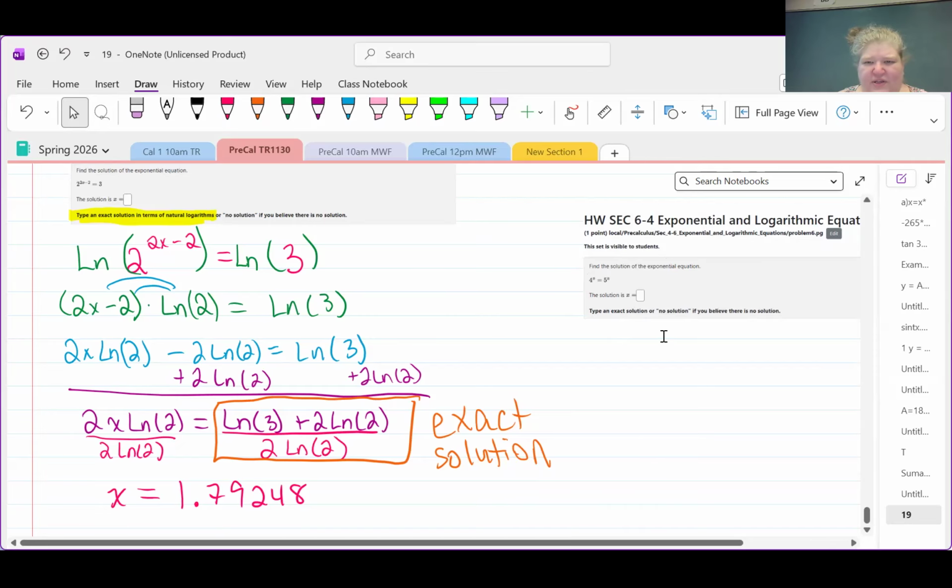So let's go ahead and try solving this one. Four to the x equals 5 to the x.